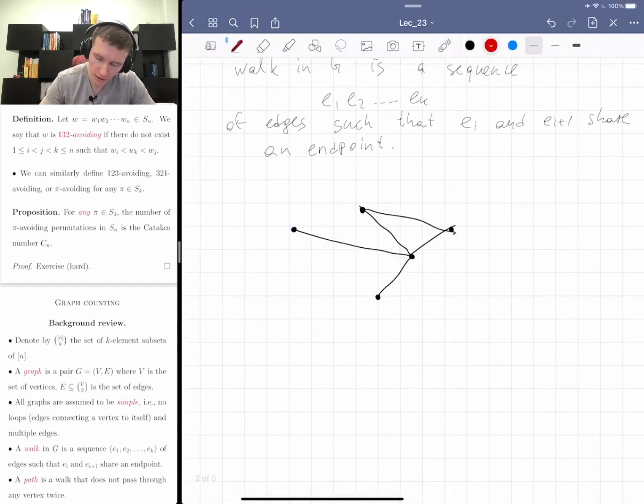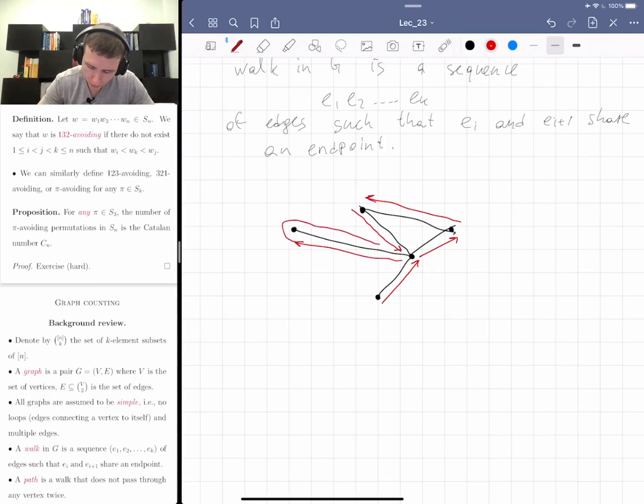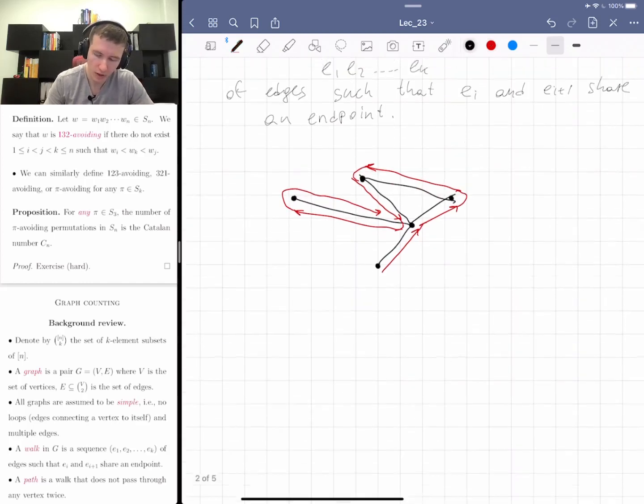The key point here is that you can traverse any edge and any vertex as many times as you want.